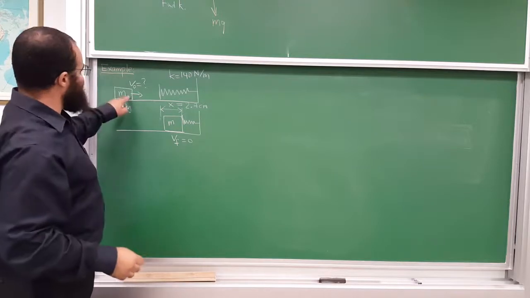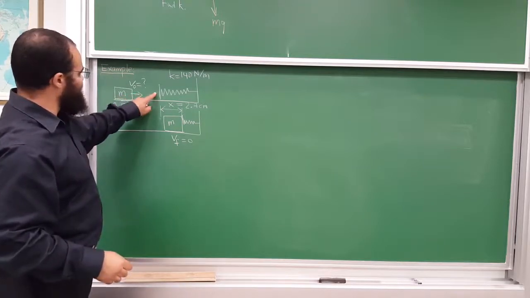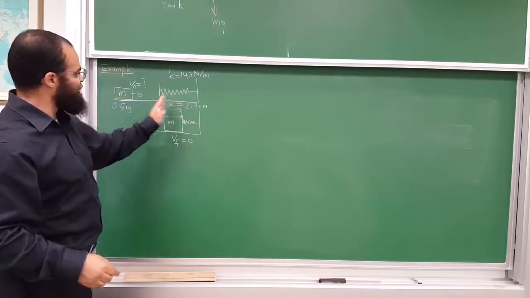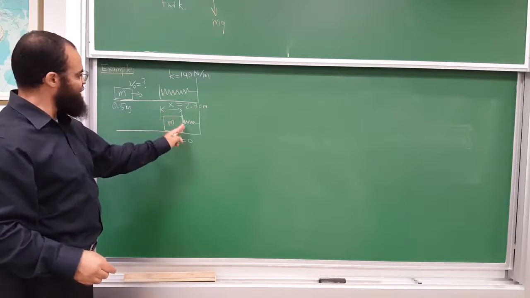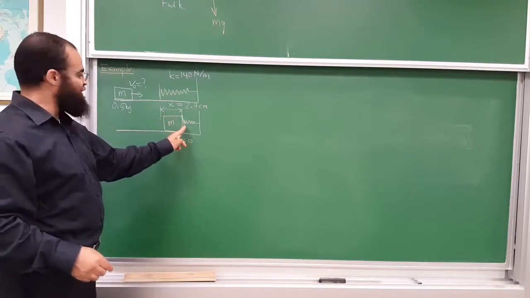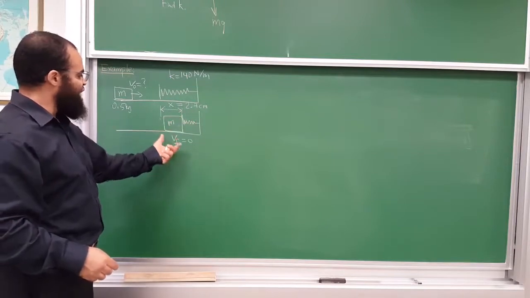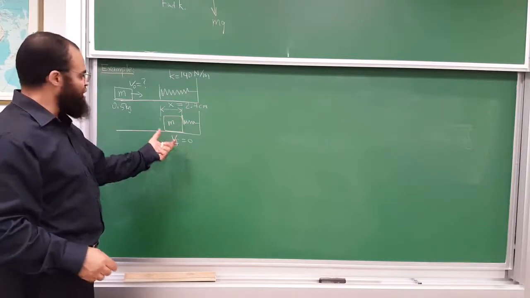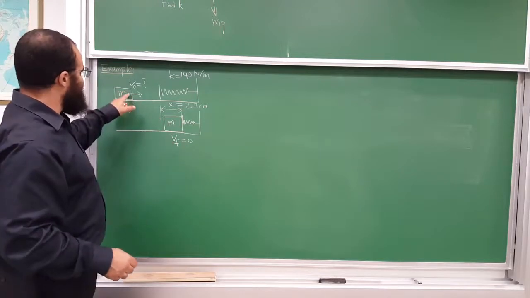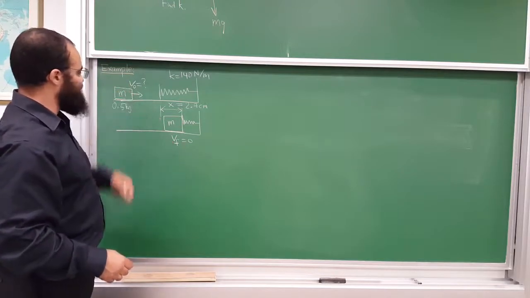It's coming in with some initial speed. It hits the spring and starts to compress. It compresses until it gets to this position here. It compresses by 2.7 centimeters, and the mass comes to rest. The question is, what is the initial speed of the mass?